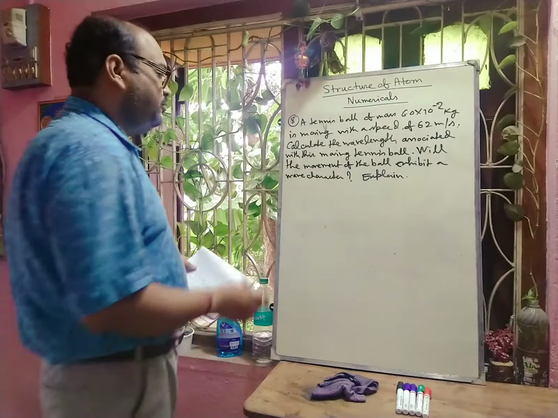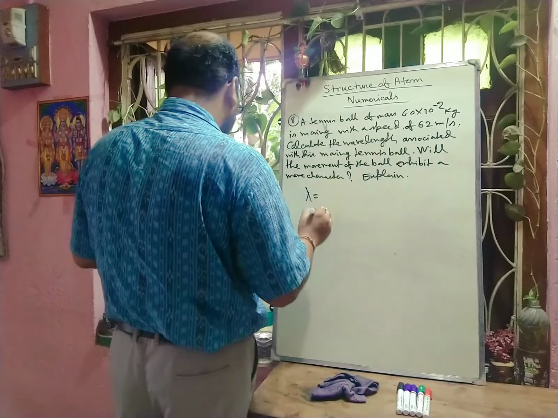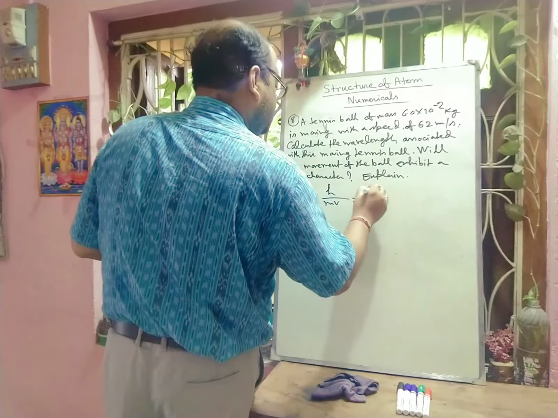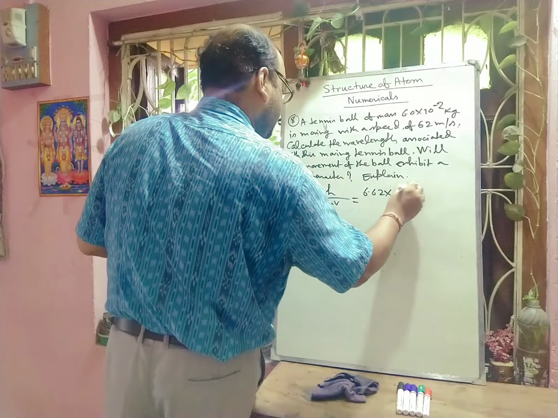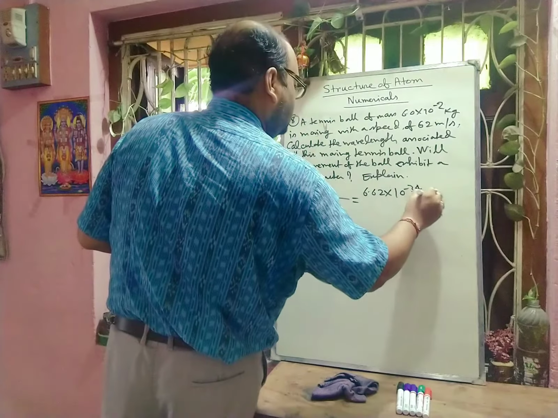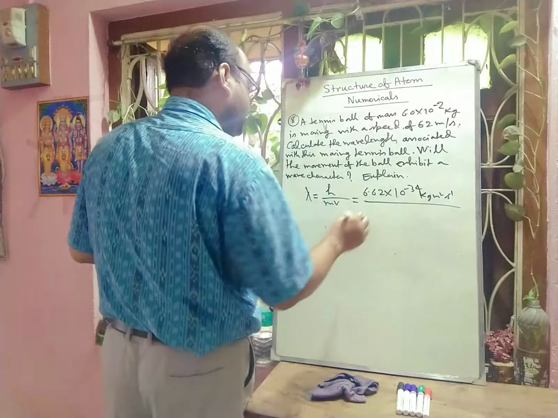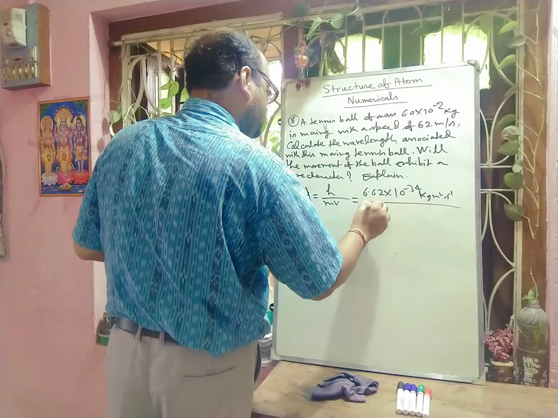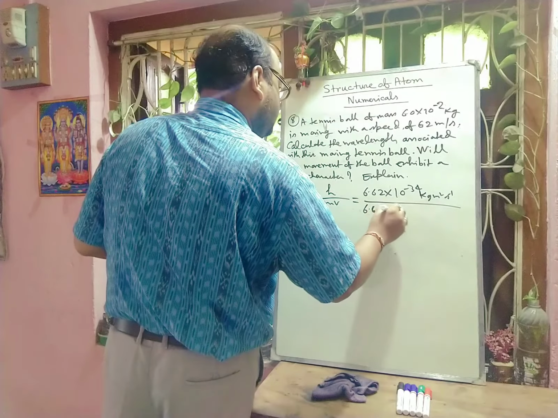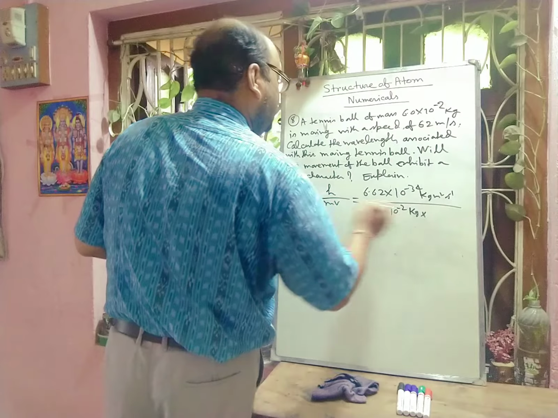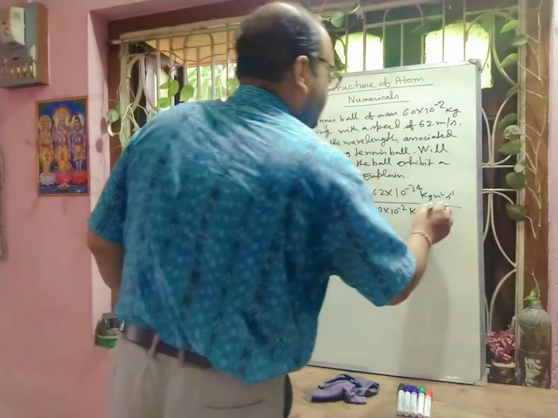So here also we put the formula, lambda is equal to h by mv. The h value 6.62 into 10 to the power minus 34 kg meter square second inverse, divided by the mass 6.0 into 10 to the power minus 2 kg, and velocity is given as 62 meter per second.